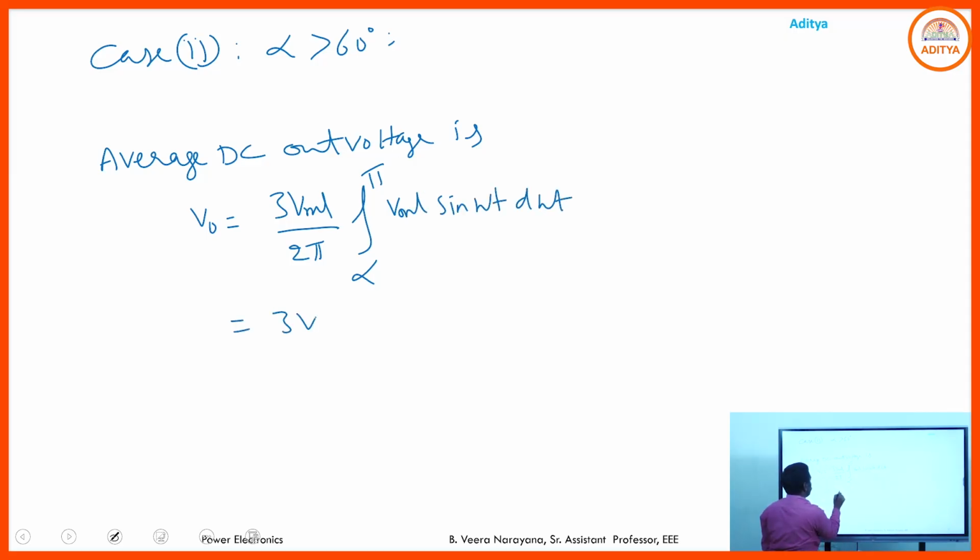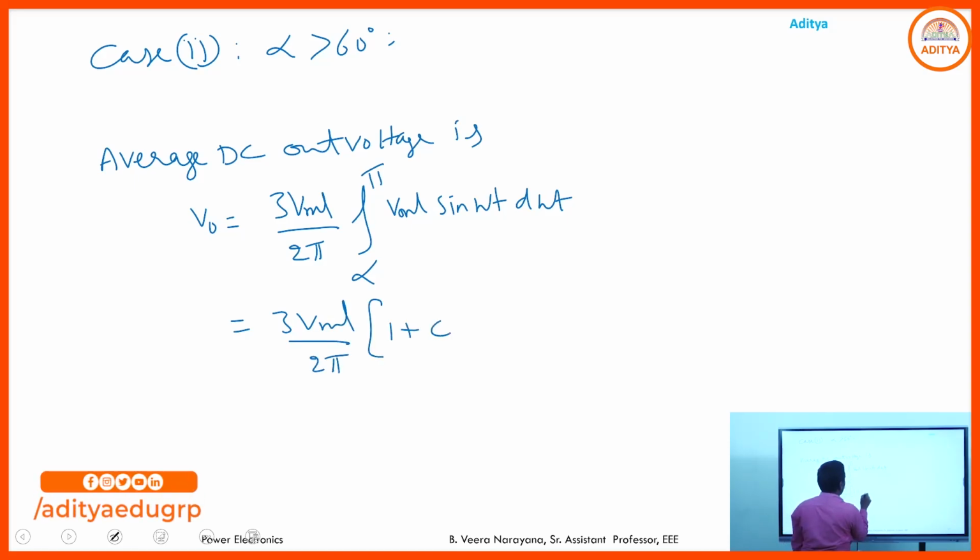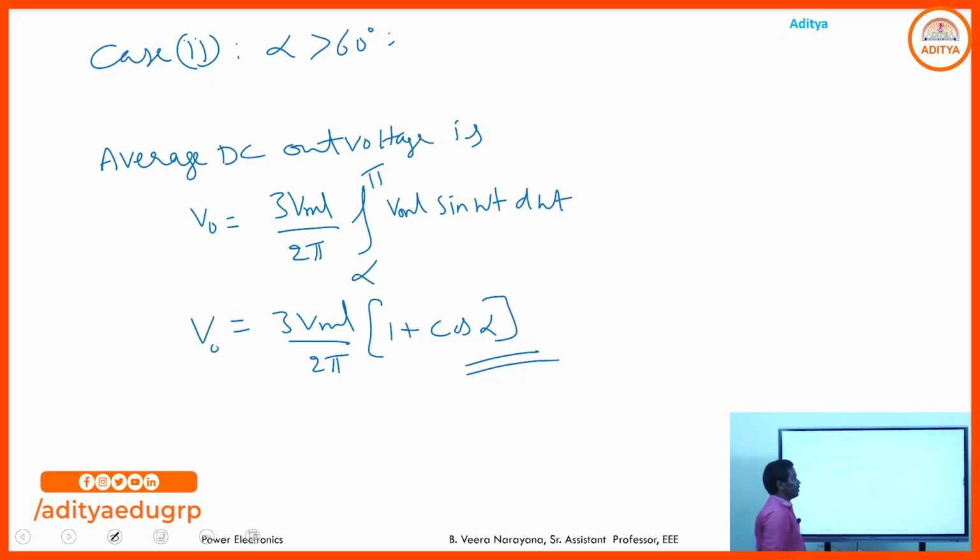By simplifying this, 3 VML by 2 pi times 1 plus cos alpha. This is the average DC output voltage under discontinuous conduction mode with R load for alpha greater than 60 degrees.